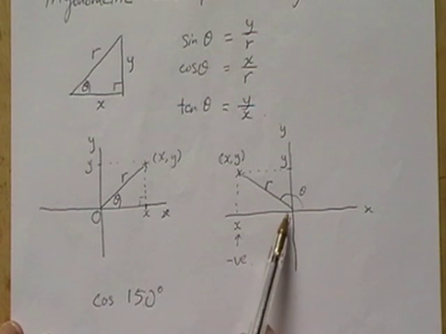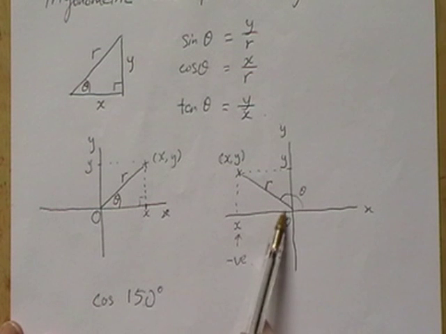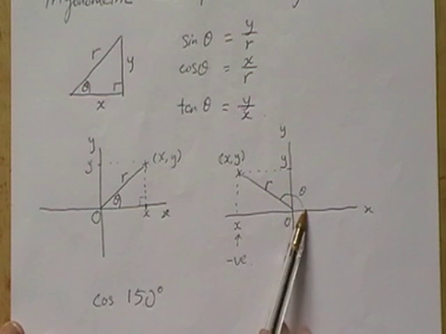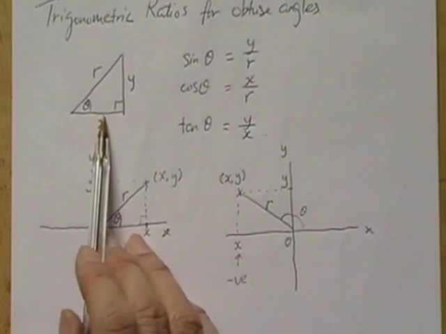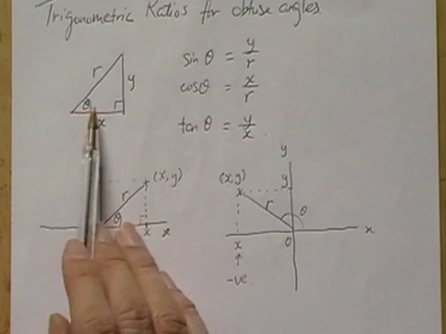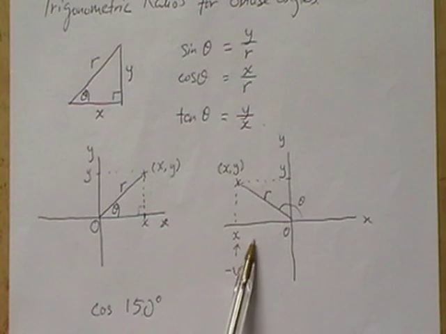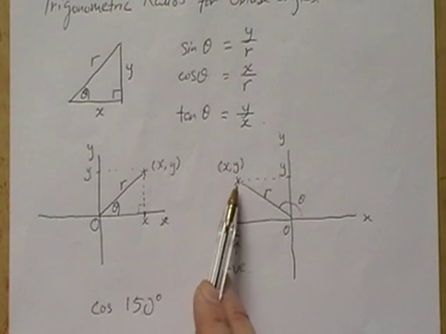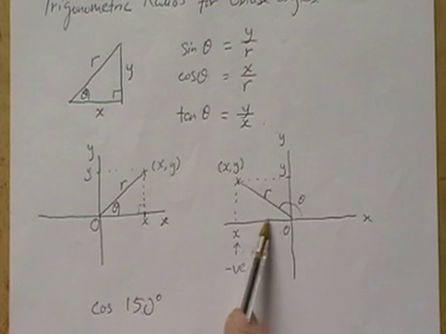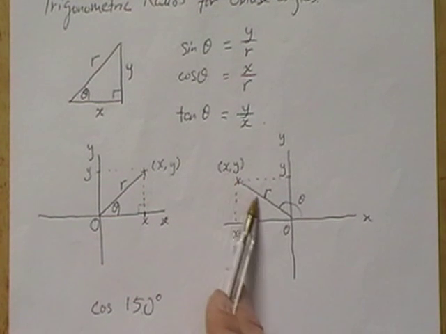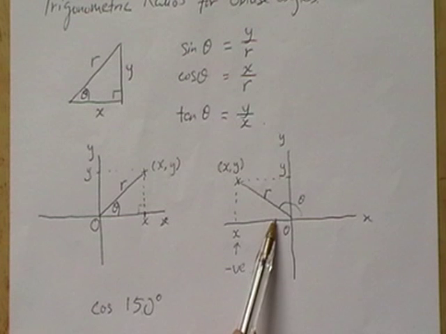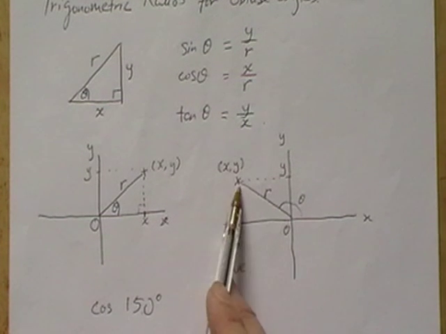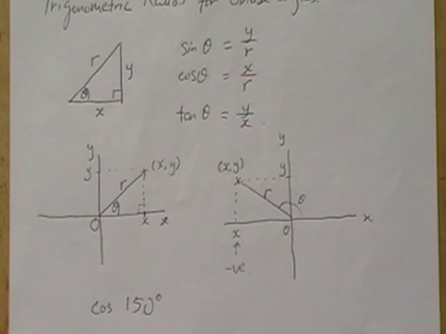If we look at this picture again, although we now have an obtuse angle, and we couldn't actually use the definition for the right angled triangle directly, notice that it still has a right angled triangle down here, only that the angle theta, this obtuse angle, is not one of the angles in the triangle.